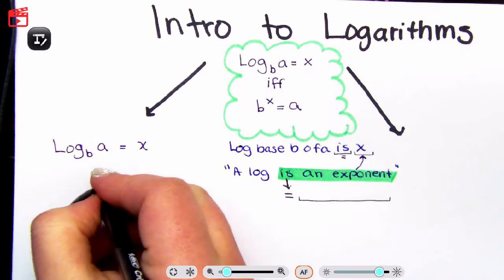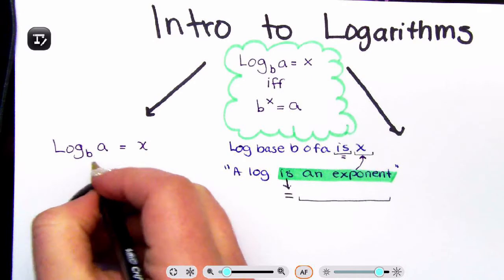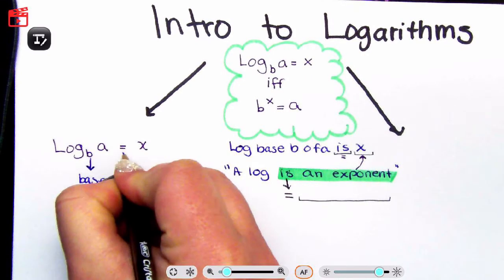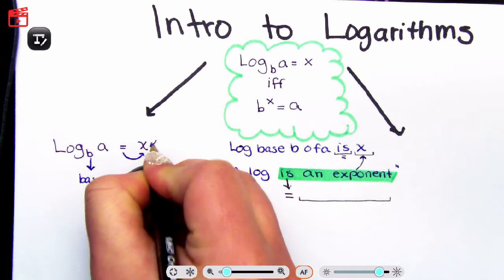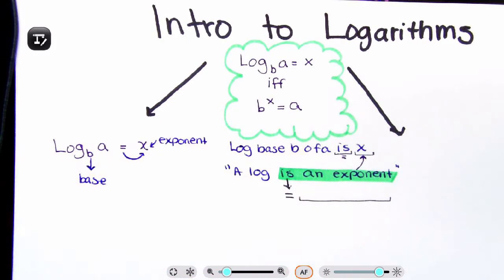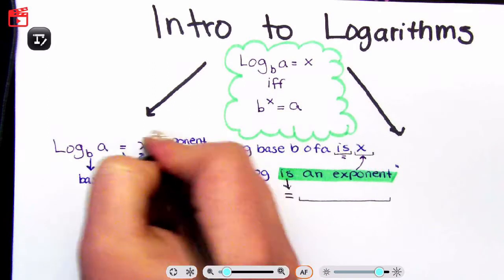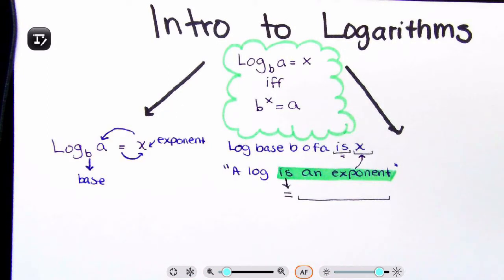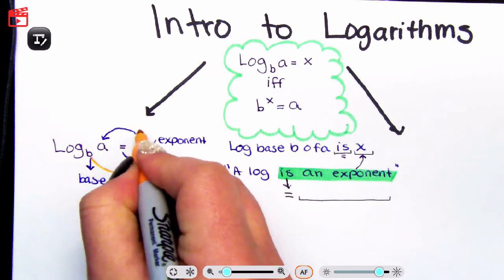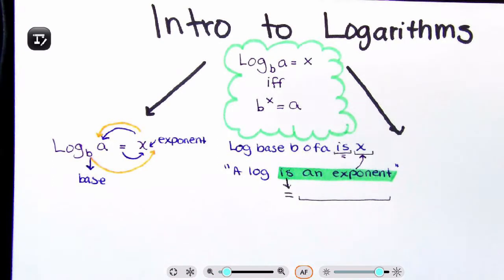Well, think of it as counterclockwise. b is your base, x is your exponent, and then your a is your result. So think of it this way. You're going counterclockwise. Your base, your exponent equals a. And that's how you're going to convert from a logarithm to an exponent.